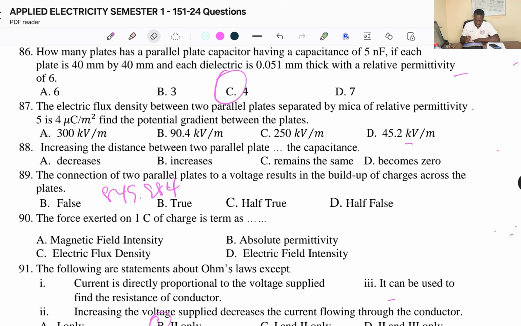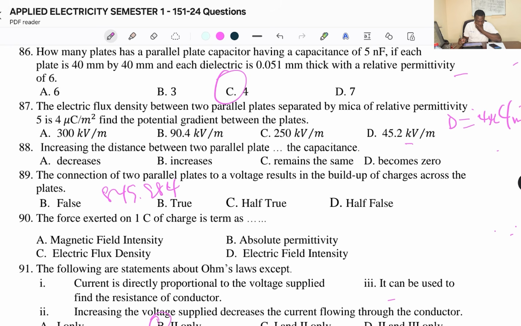So with this question, you can see that we are given the permittivity, right? And then we are also given the electric flux density. So electric flux density here is 4 microcoulombs per meter square.